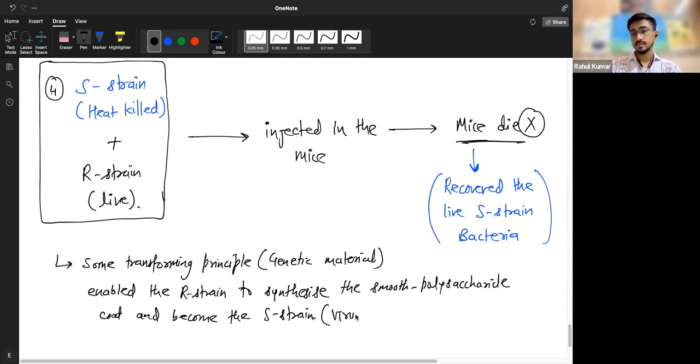And S strain is the virulent strain, which kills. Is it clear, everyone?